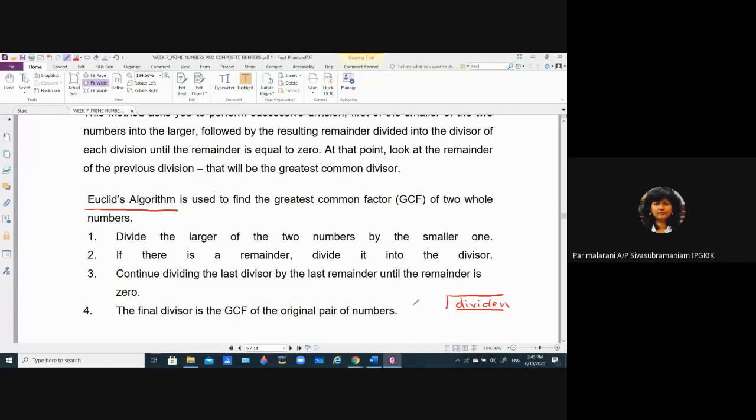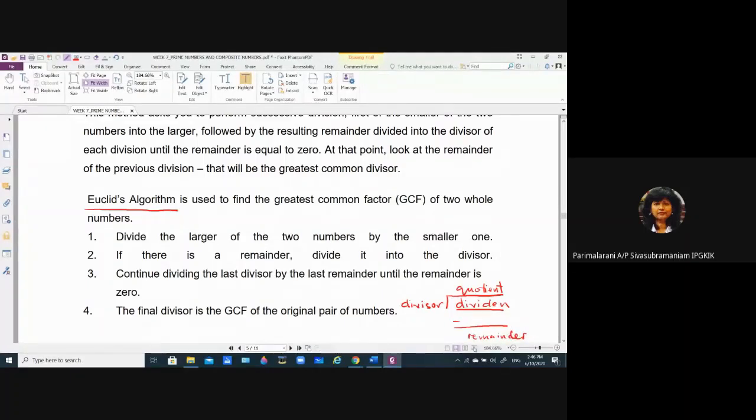What is the number outside here called? Divisor. What's the answer here called? Quotient. And whatever is left behind is called the remainder.